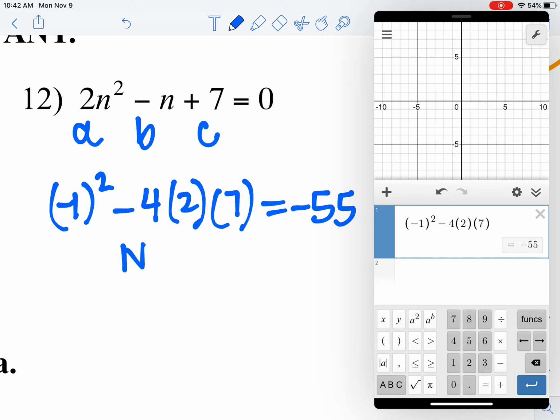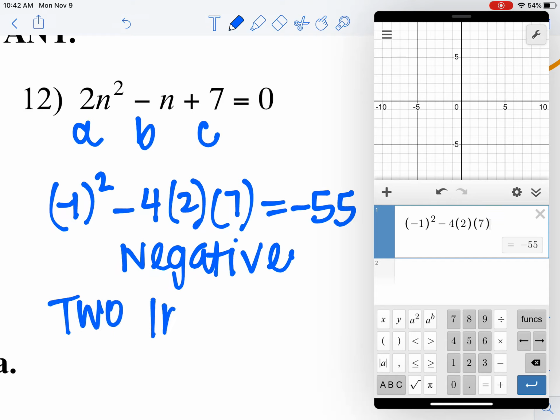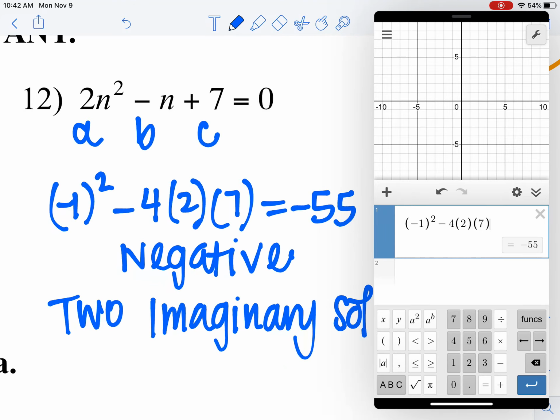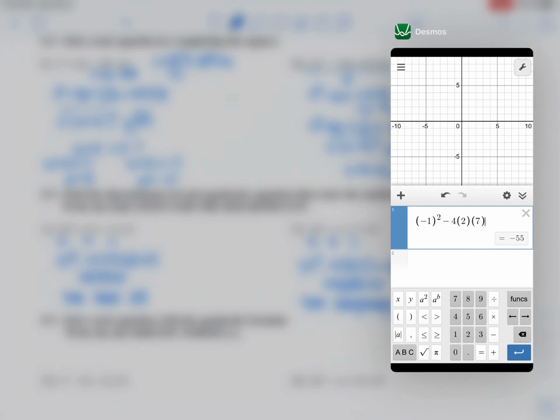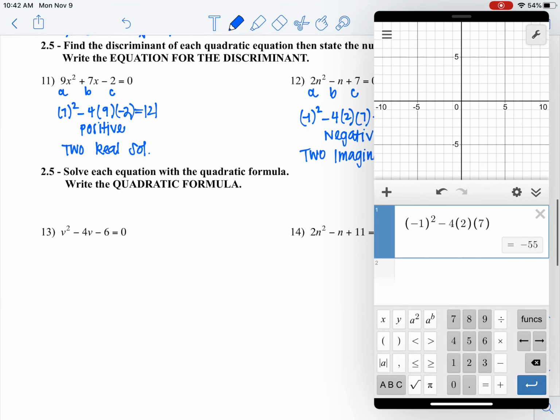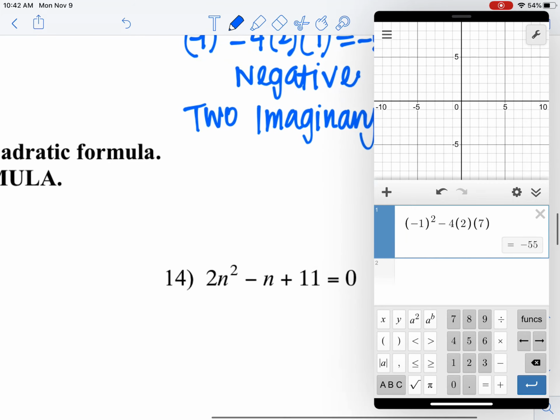Because it's negative, that tells me if I did quadratic formula, I would be taking the square root of a negative. So this gives me 2 imaginary solutions. Great. Actually, I might leave that there because next I'm going to use quadratic formula.